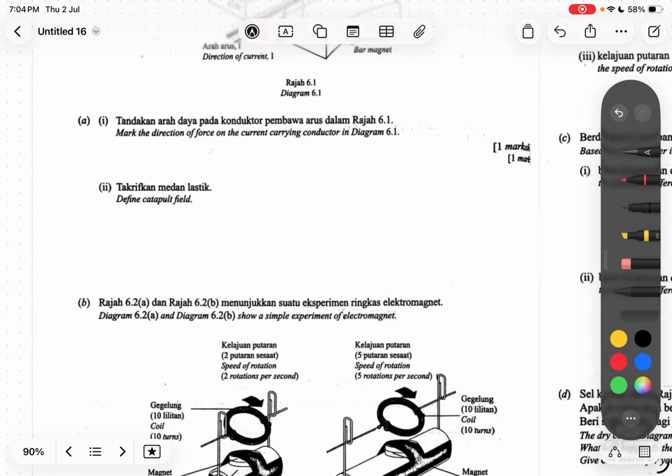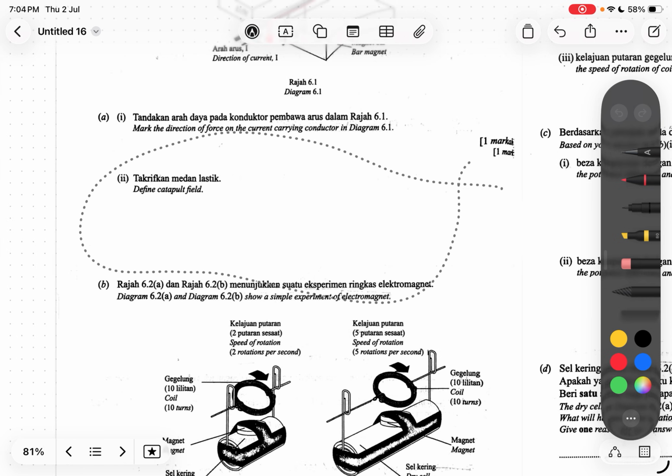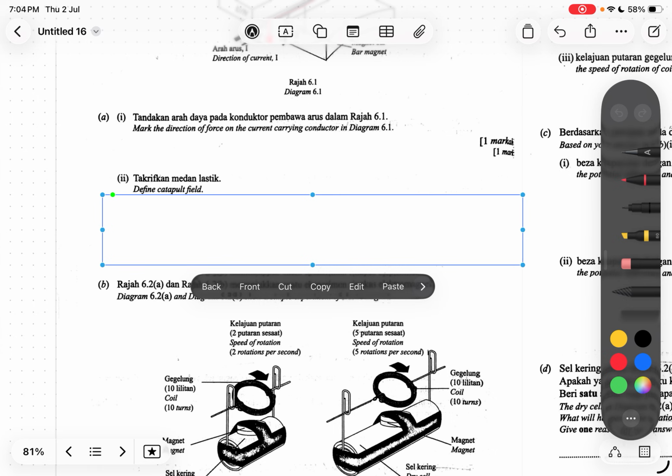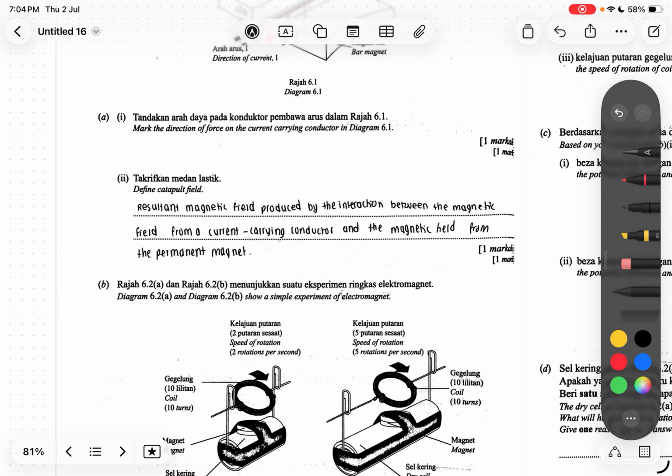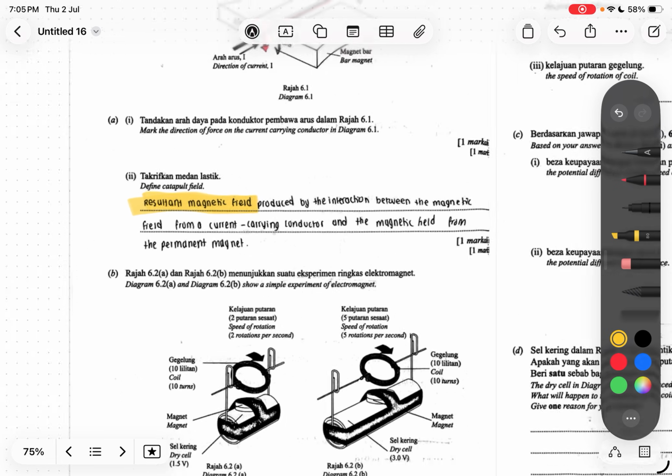Define catapult field. This is in your textbook. Catapult field is defined as the resultant magnetic field produced by the interaction between the magnetic field from a current carrying conductor and the magnetic field from the permanent magnet.